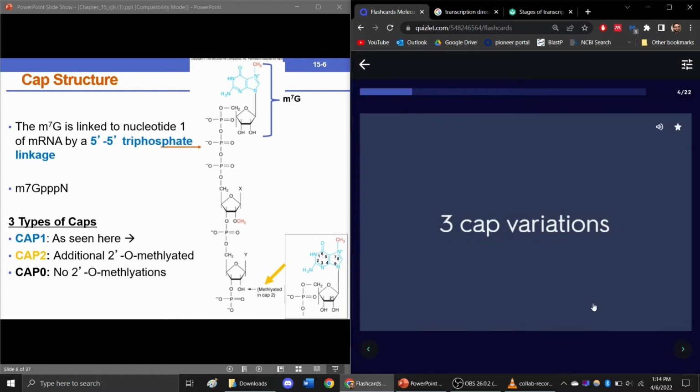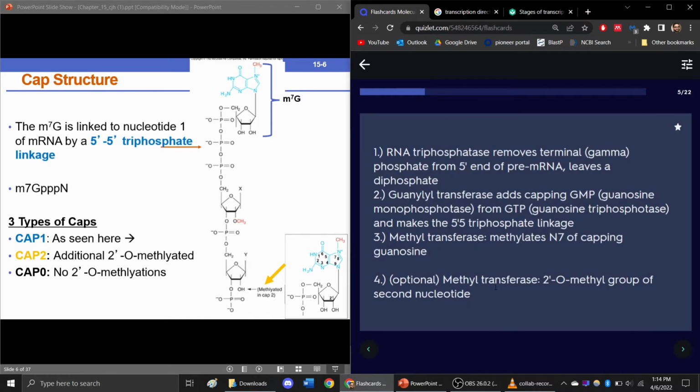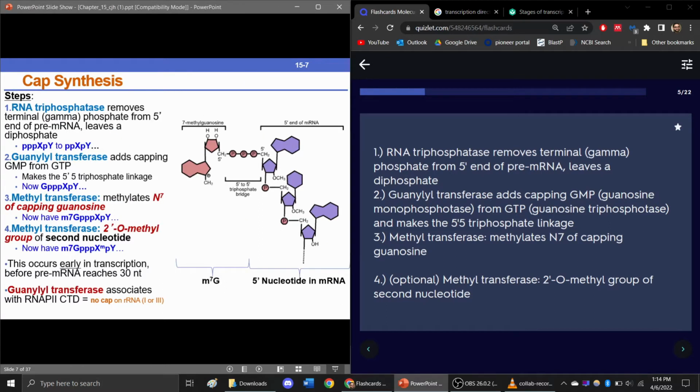So, cap synthesis. There are a couple steps associated with cap forming. It's just a little matter of memorizing them, but I'll walk you through them with some pictures along the side. The first enzyme in this journey is going to be RNA triphosphatase.